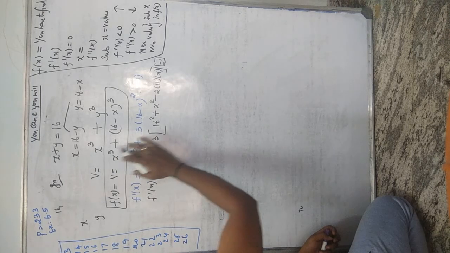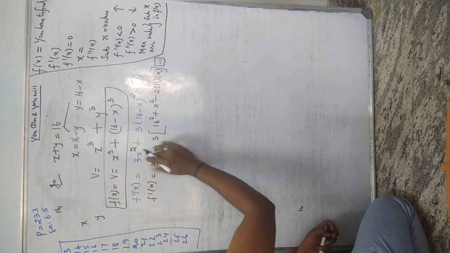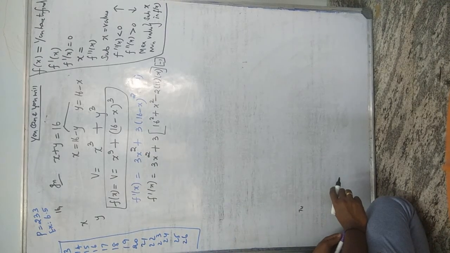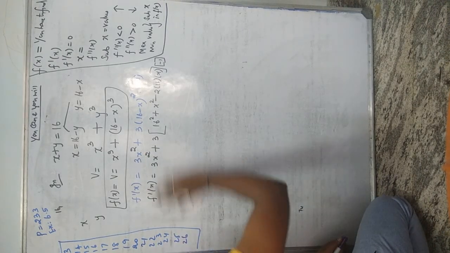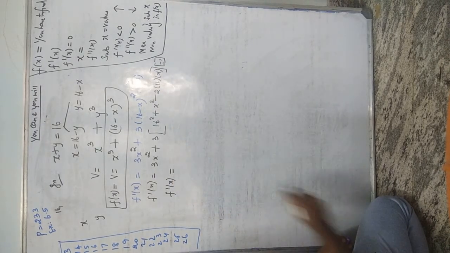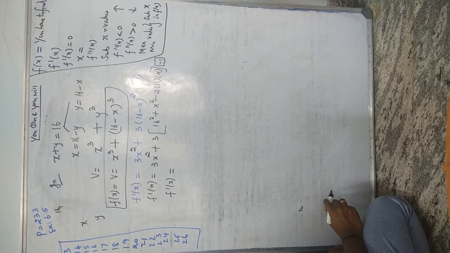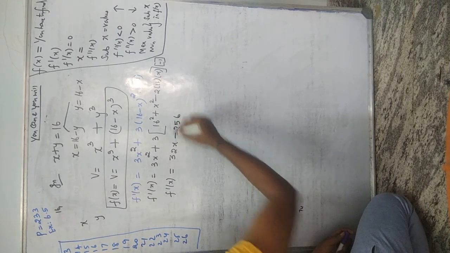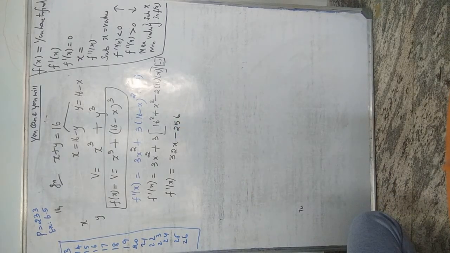X cube differentiated, you will get 3x square. If you simplify further, f dash of x is equal to 32x minus 256. You can check your answer.